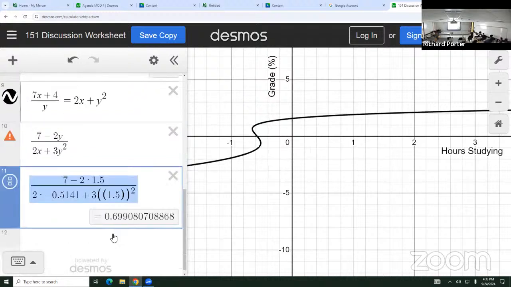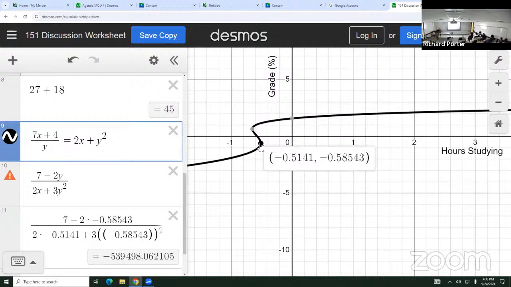Plugging it in for y. And what did I get? Positive number, negative number right there? Negative, but small or big? Huge. If I had more decimal places, I'll bet the denominator would be 0, it'd be undefined. Okay, that's the point. The vertical line is decreasing, but it's really, really steep.